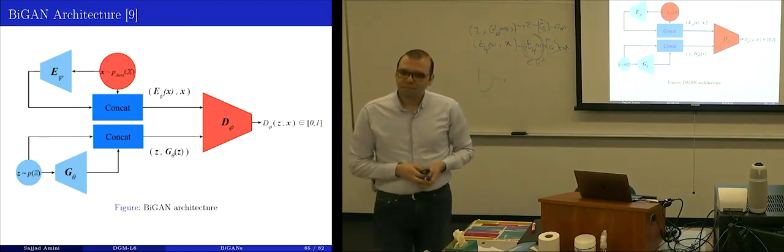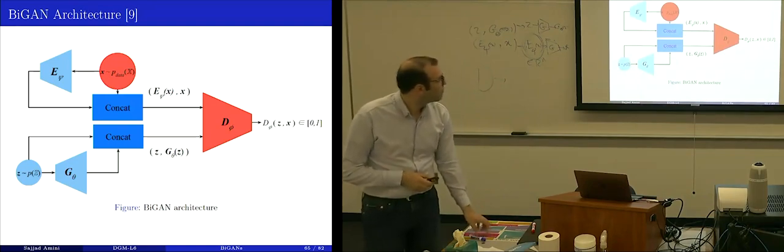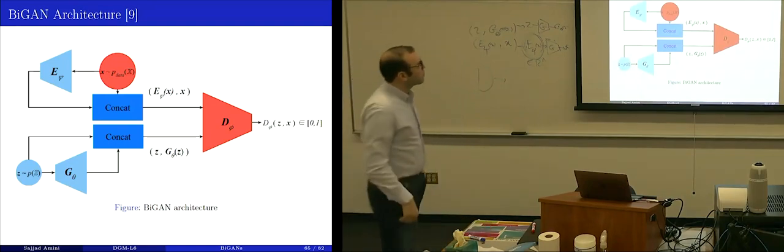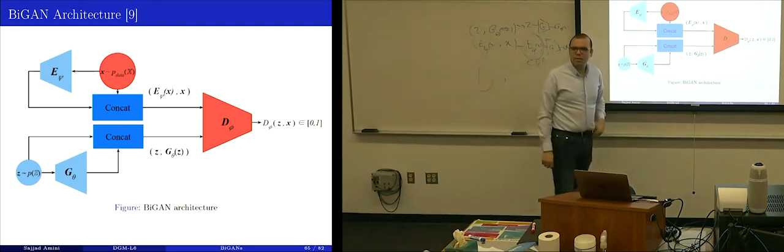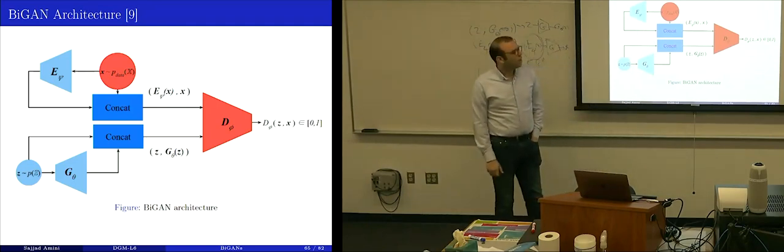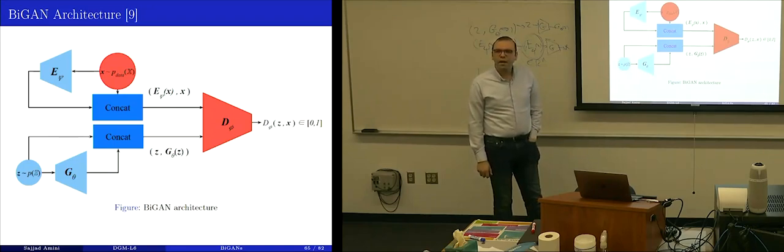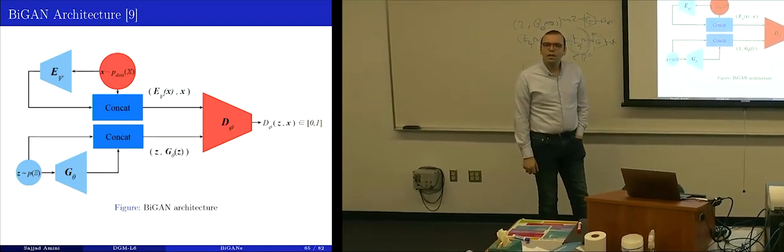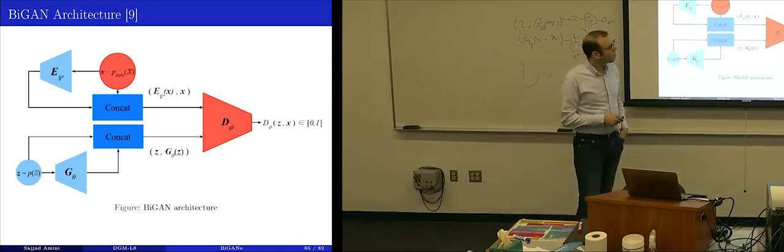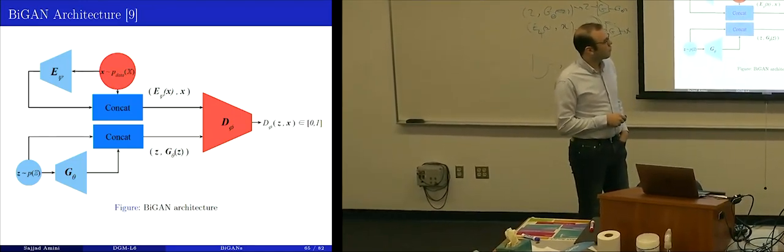So the input of D of phi in this case has a dimension of, for example, P plus N. Yes. And the parameter of the discriminator is phi, which can change the discrimination between these two samples.